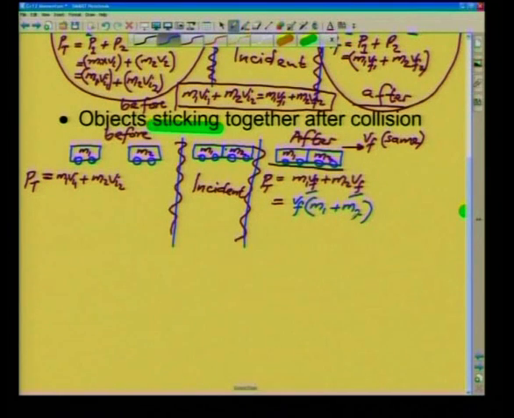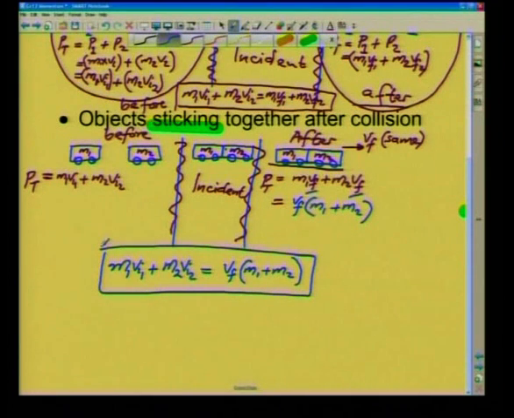Now this would mean that for objects that stick together after collision, what the principle tells us is that mass of 1 times V initial of 1 plus mass of 2 times V initial of 2 would be equal to V final times mass of 1 plus mass of 2, because the masses are not the same, but the final velocities are the same.